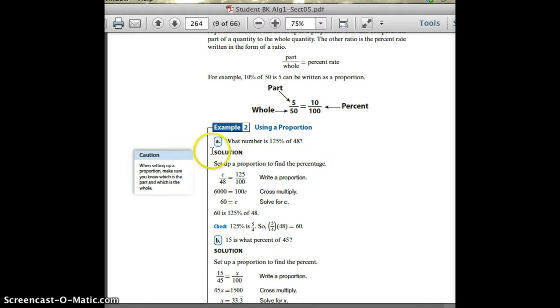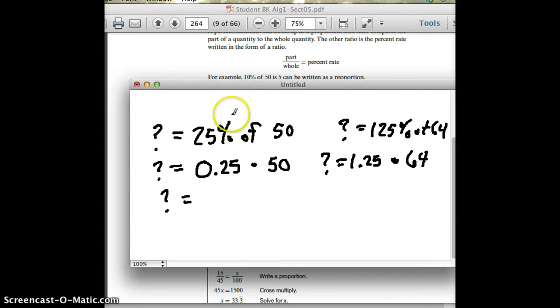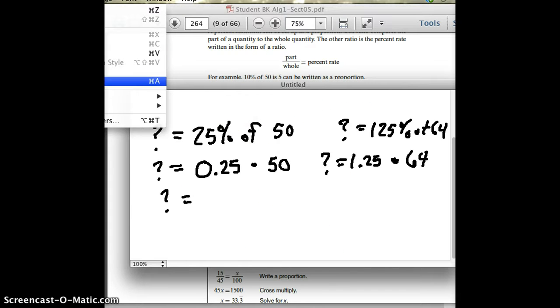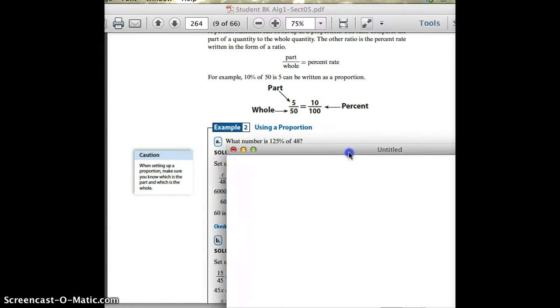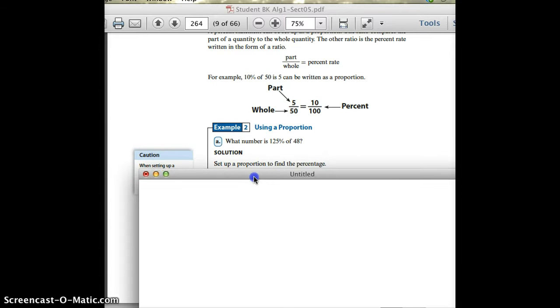All right, so let's try writing these as proportions. What number is 125% of 48? Okay, 125% of 48. What did they do there? Okay, so it's the same type of problem I did before, right?